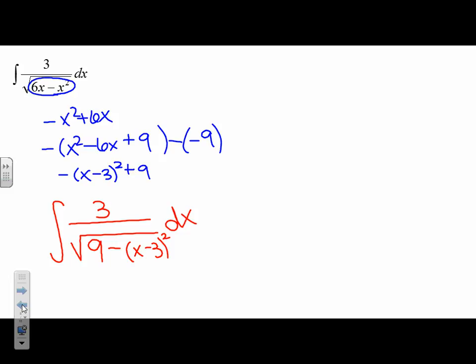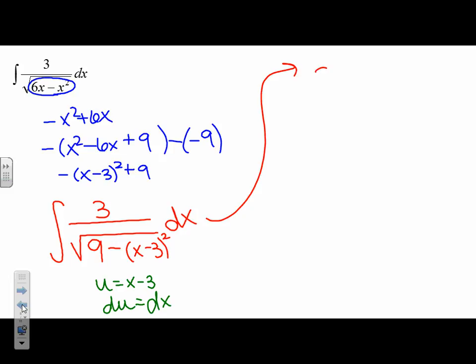Now, I know I said, since this isn't just x squared, if we let u equal x minus 3, what's true about du? It's dx. So luckily that x is not going to affect our integral too much.